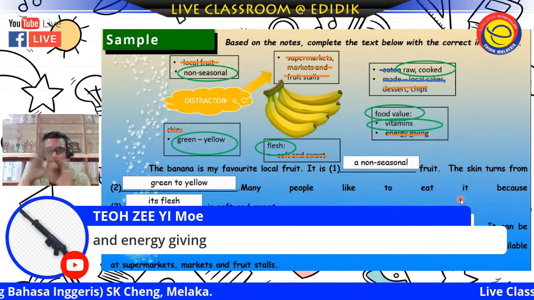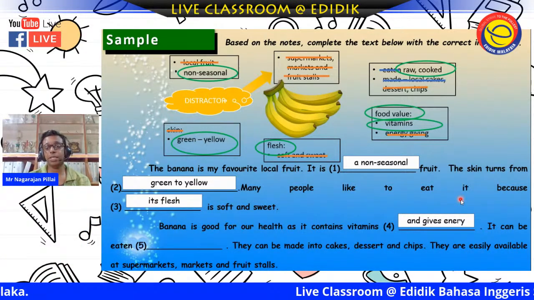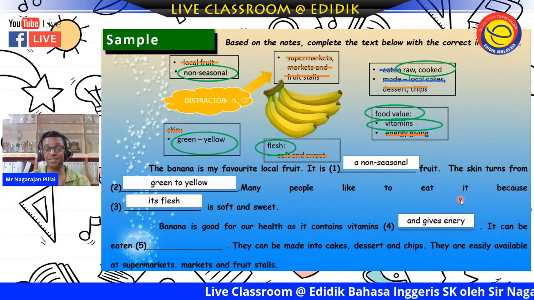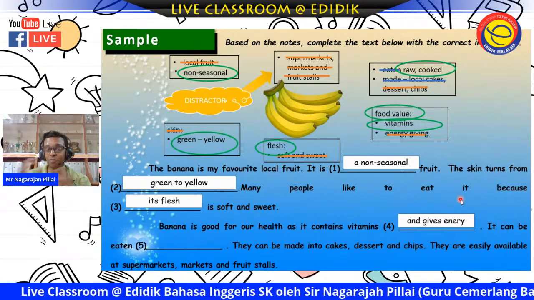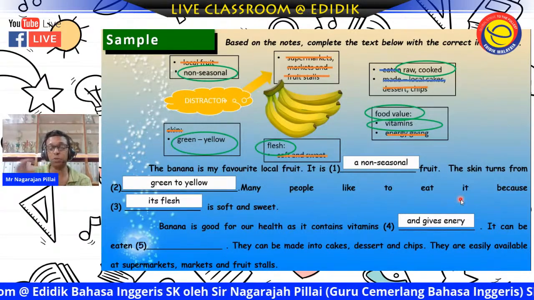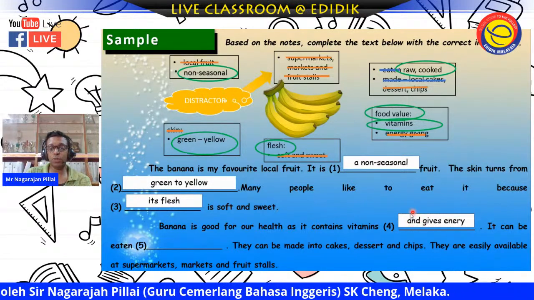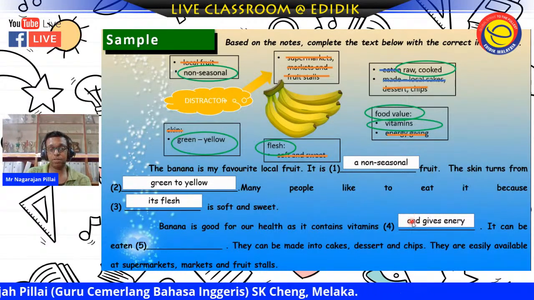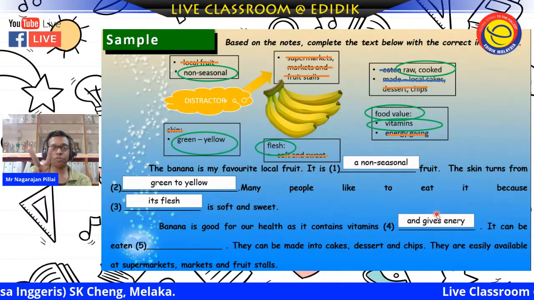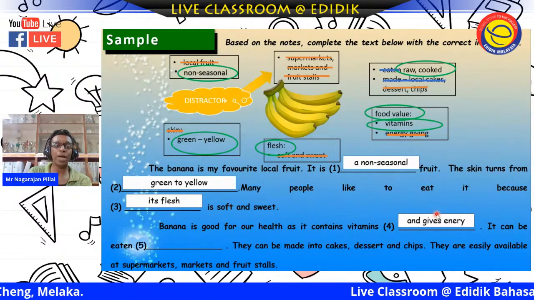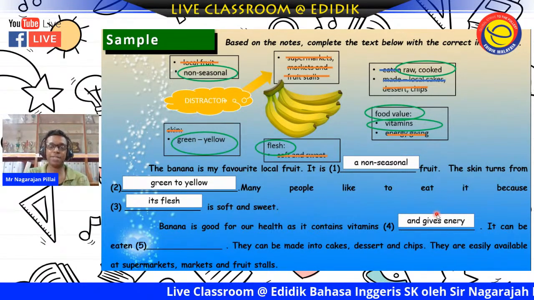It's a totally different structure, right? So some of the answers that you write, you have to rephrase. You don't rephrase the meaning, but you have to rephrase the words, the structure. So here we have the word and, because this sentence means banana has 2 functions. One, it contains vitamins, and another one, it gives energy.